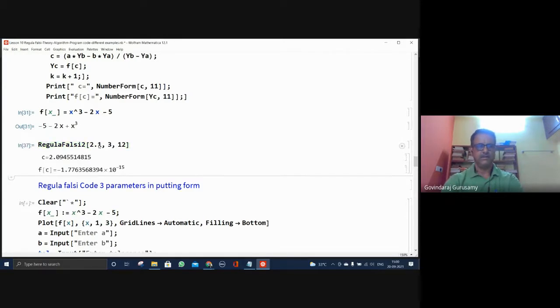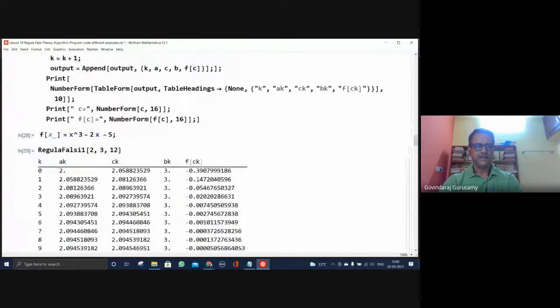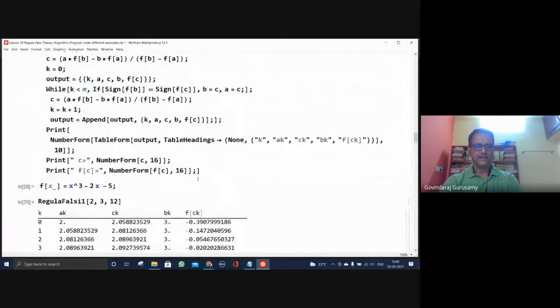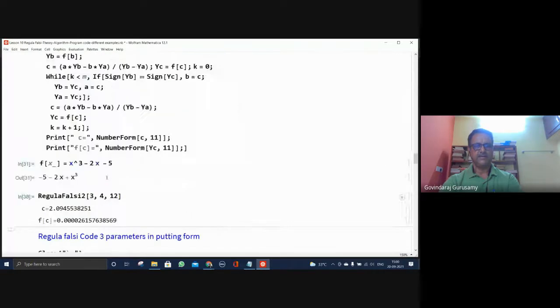The root is right now 2.01. So now 5, 4, 8, 3 and 4. It's still trying to move toward that. So from 4, 3 to 4. Okay, it's not a problem. 2.0955538. So close to that here, remember?